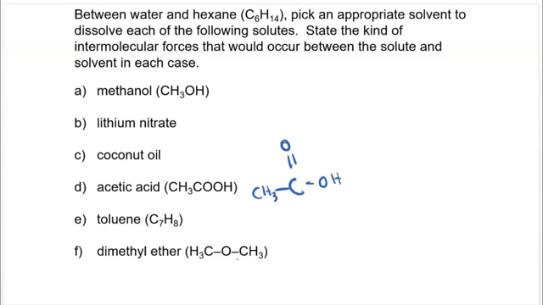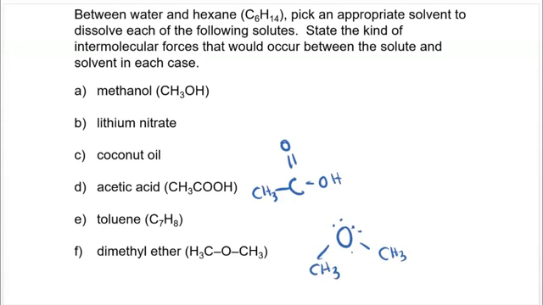Now, dimethyl ether, this is a tricky one because dimethyl ether has some polar and nonpolar characteristics. So if you draw the Lewis structure, it looks similar to water, but it has two methyl groups instead of the hydrogens. This means it's going to be a little bit polar because of this bent structure, but it also is going to be nonpolar due to the larger groups, because in water it's a hydrogen, but here it's a methyl group, so it's going to be a lot larger.